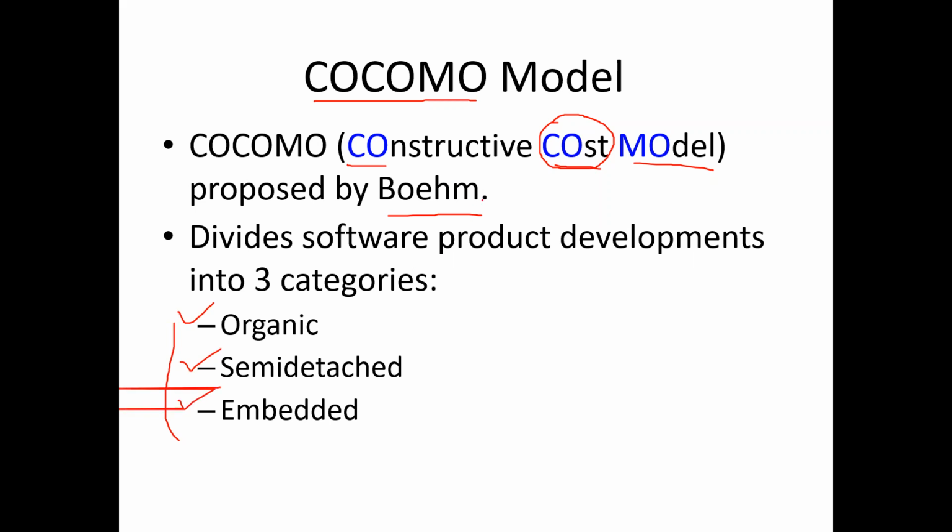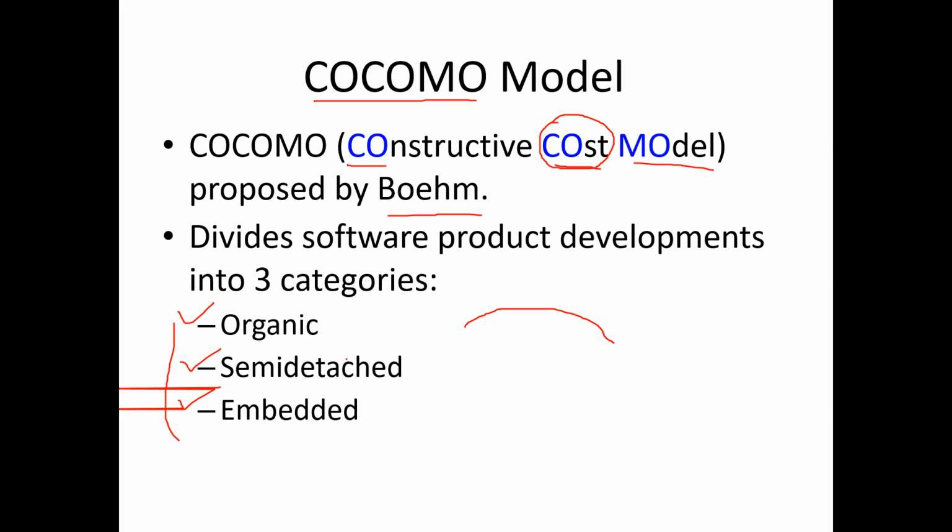That means the particular product you have been given comes under any one of these three. See, organic means the very easiest programming. If you have developed an easy software, then that software's category is organic. If your software is not very complex and also not very easy, average, on an average tough software, then that software goes to semi-detached.